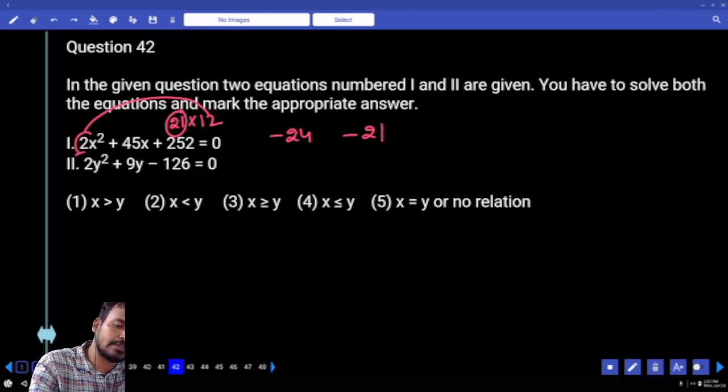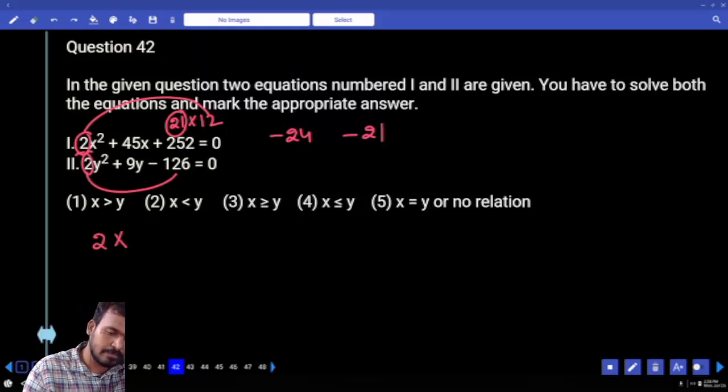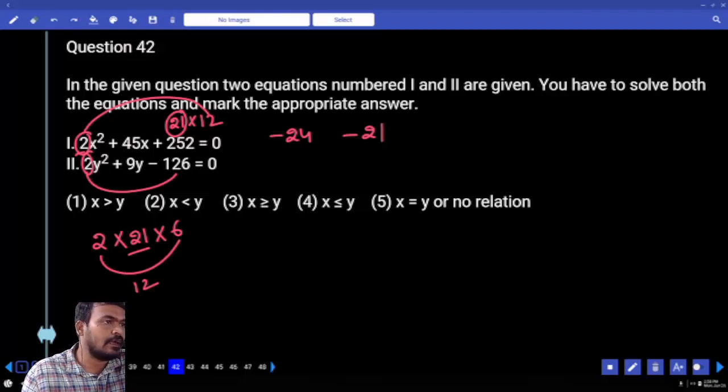And coefficient of x square and coefficient of y square are same. Then we do not multiply by 2, divide by 2 and divide by 2. And second one, 2 into which one? 126. This one we write 2 into 126, means it is 18 into 7 or 21 into 6. 21 into 6. 6 to the how much? 12. 21 and 12 difference 9.